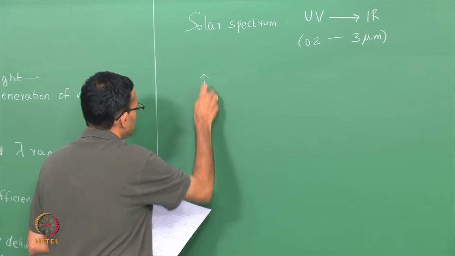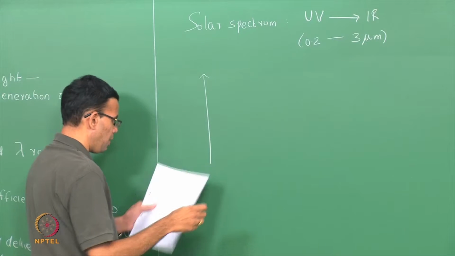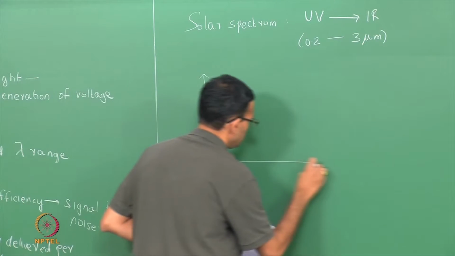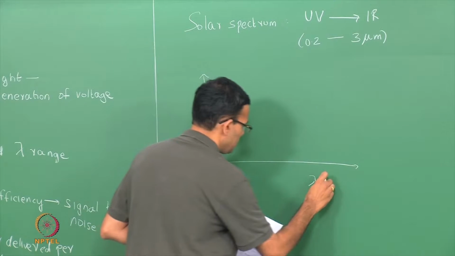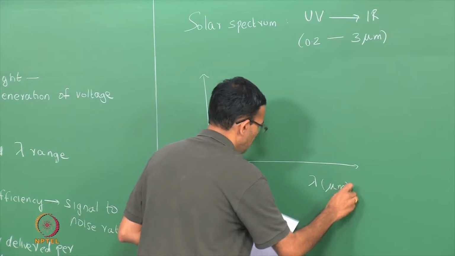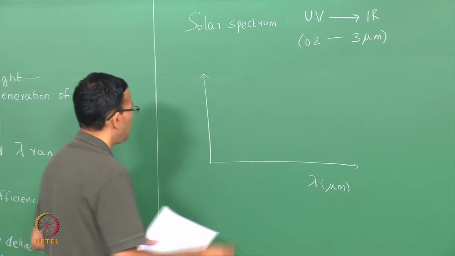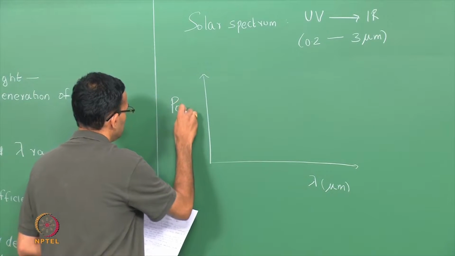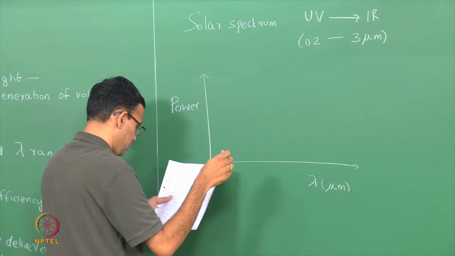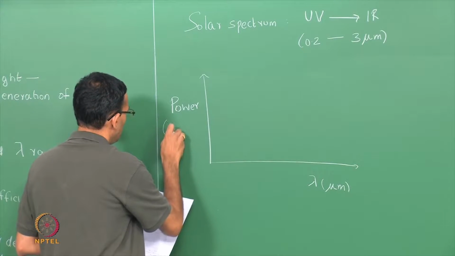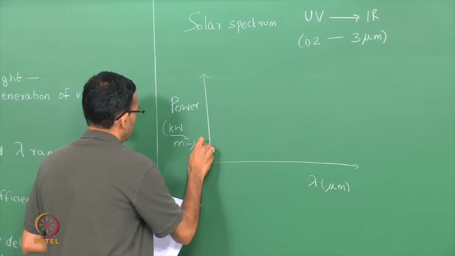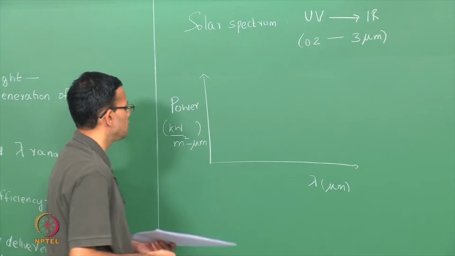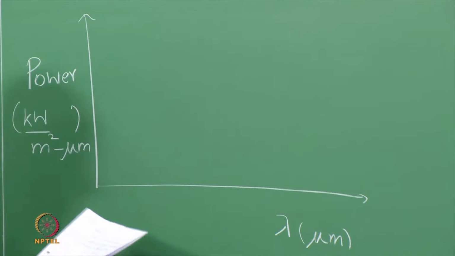So, we can plot a power spectrum versus wavelength. I have wavelength lambda on my x axis, this is in micrometers, and then I will plot the power, and the unit is kilowatt per meter square per micrometer. So, this is your power spectrum.